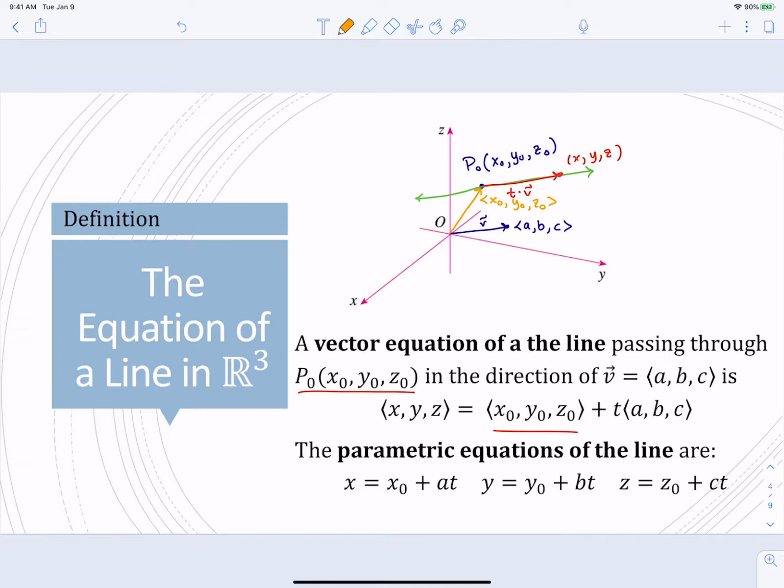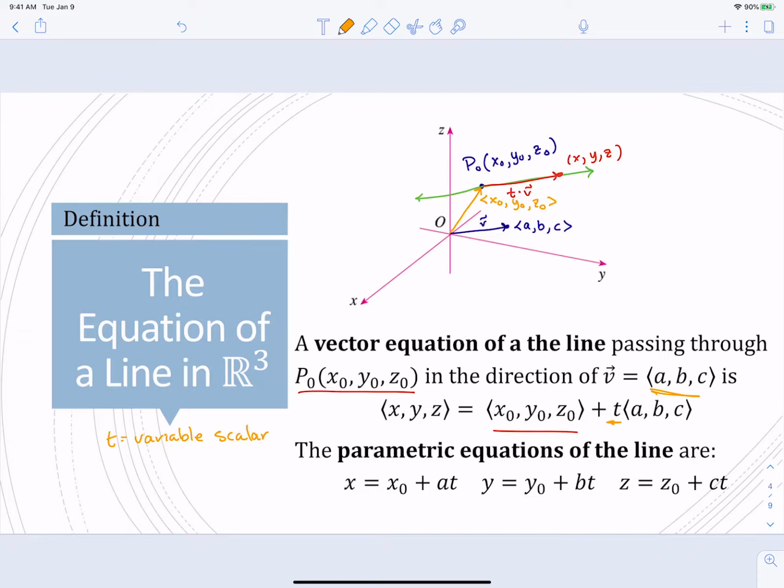And then we want to go in the same direction as vector v, but that t, that's right there. So t is going to be a variable scalar that's going to make that vector v different lengths, and it's going to give us multiple points on our line.